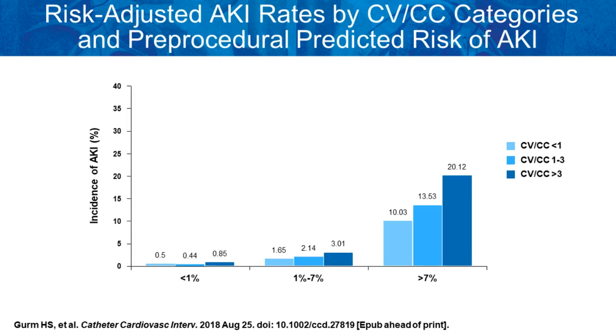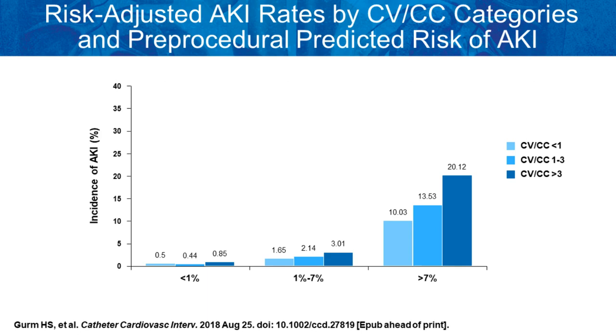However, if you look more closely, most of the benefit is in patients that are at intermediate or high risk. If you really want to see the benefit, look to the bars on the right. These are patients where the predicted risk of acute kidney injury is more than 7%. Here, if your contrast volume is less than the creatinine clearance, the risk of AKI is 10%, versus if you are exceeding 3 times the creatinine clearance, your risk is 20%.